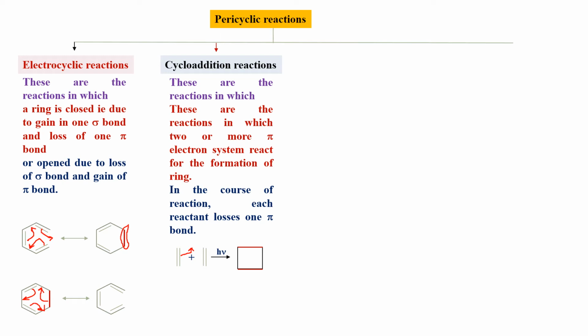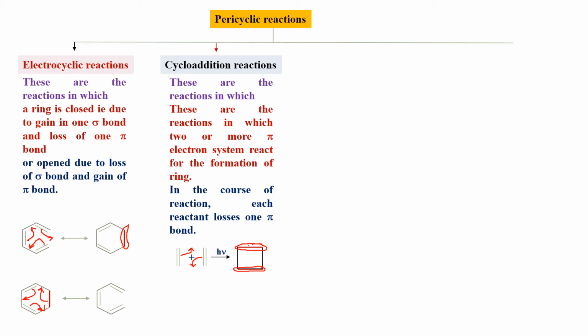Similarly, this pi bond shifts between these two carbon atoms. So we are losing this pi bond, we are losing this pi bond, and there is a formation of a new sigma bond. This is the sigma bond, and again this is a sigma bond. Two new sigma bonds have been formed and two pi bonds are lost. This is the reaction. Such a type of reaction is called cycloaddition reaction.